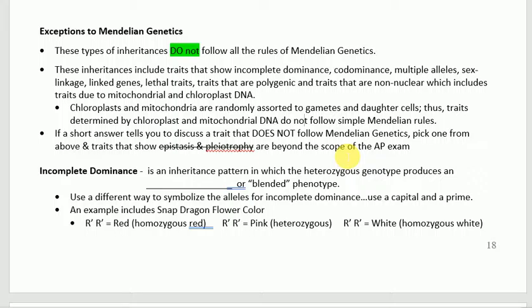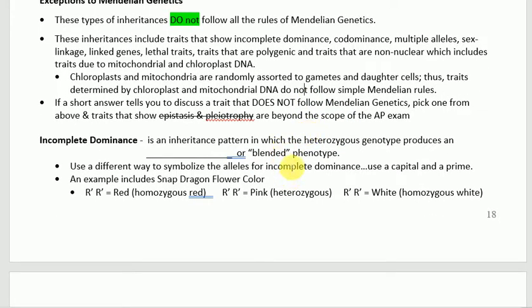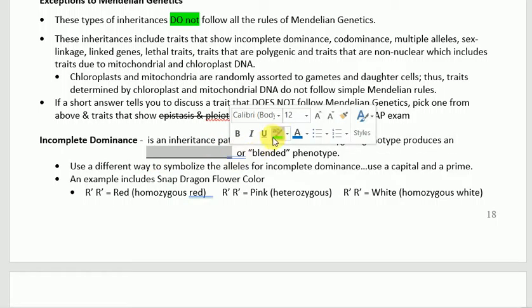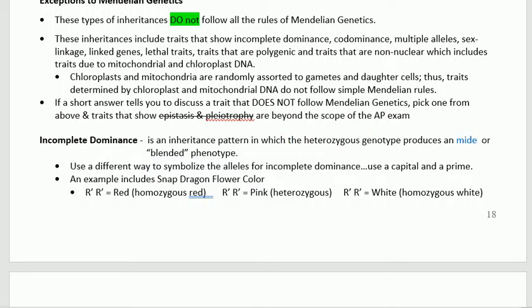So let's talk about incomplete dominance. Basically, this is an inheritance pattern where the heterozygous genotype is going to produce a middle or intermediate or even blended phenotype. So we're going to have to use a different way to symbolize the alleles for incomplete dominance.